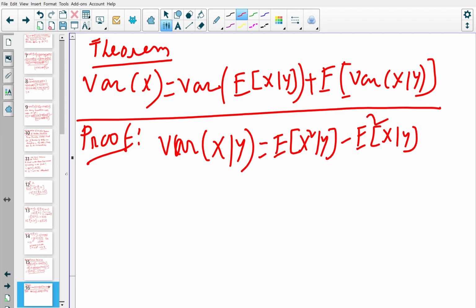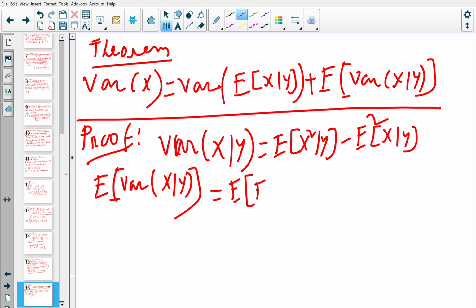This is from the definition. Now if you take expectation on both sides, then you'll have expectation of variance of x given y, and on this side you'll have expectation of x square given y. Clear?